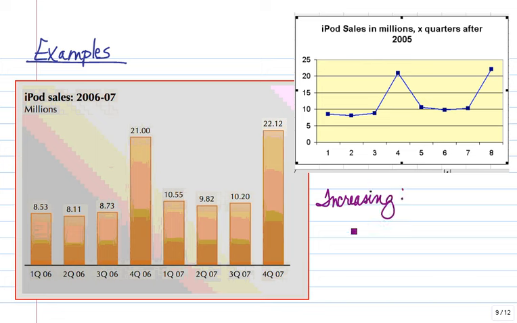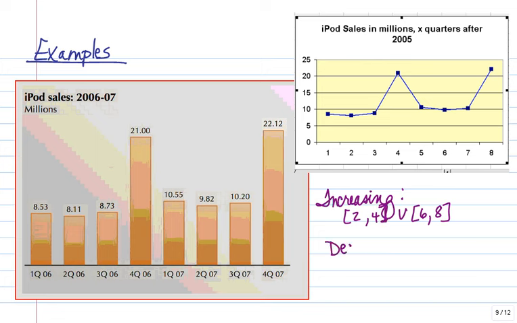It increased from the interval from 2 to 4, right? Between 2 and 4 it was increasing, between here. And then it also was increasing from, I'm going to have to look at my numbers here a little bit better, from 6 to 8. I'll put the brackets there because the points are included on my graph.